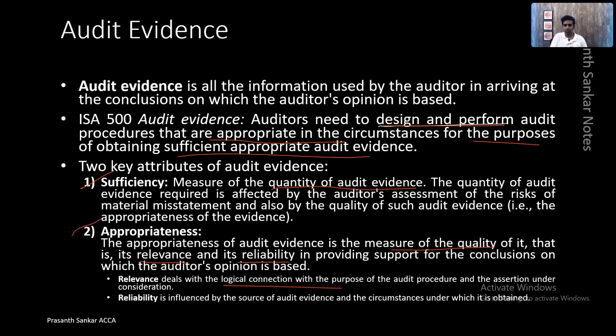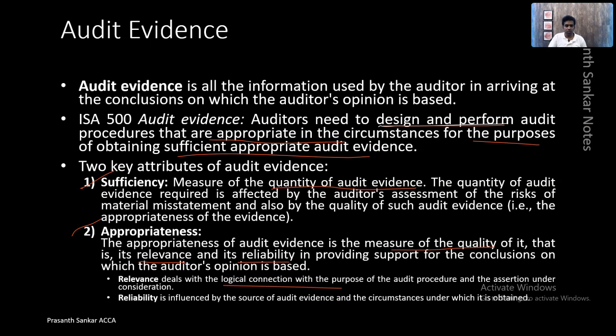If he is trying to prove that the revenue has occurred, then he needs to have an invoice. Whereas if he is trying to prove we have received the cash based on the revenue, he should have a bank statement. So the audit evidence should be connected with the logical purpose of the procedure that he is performing.